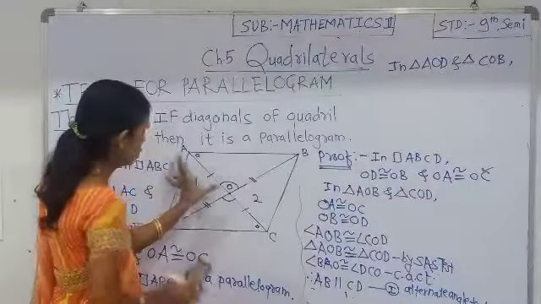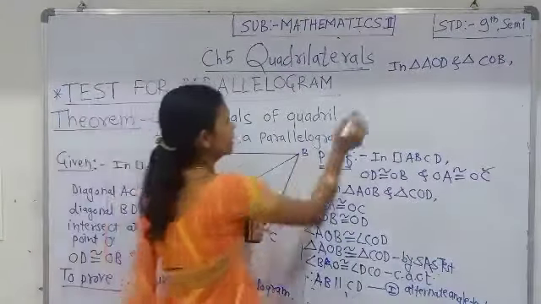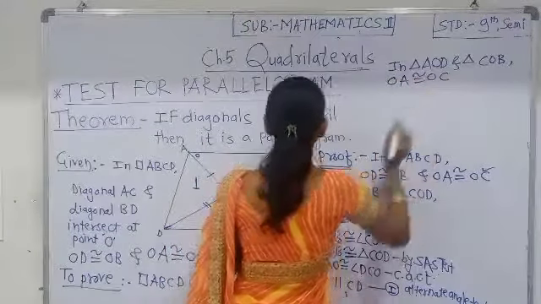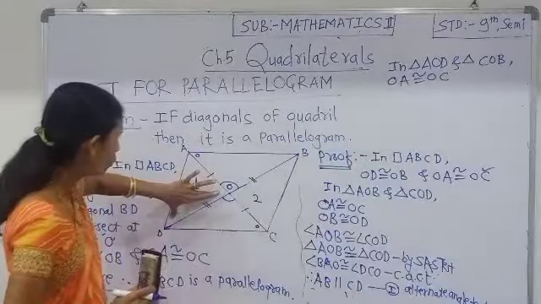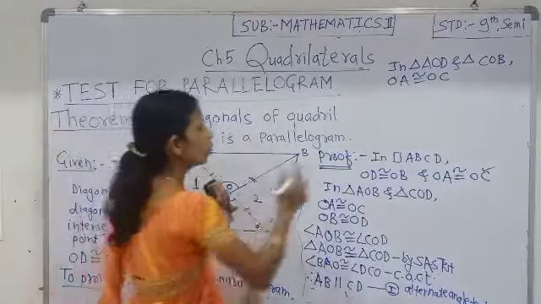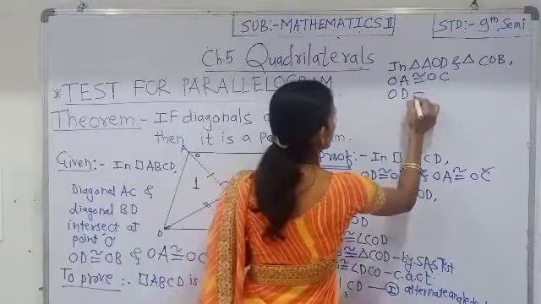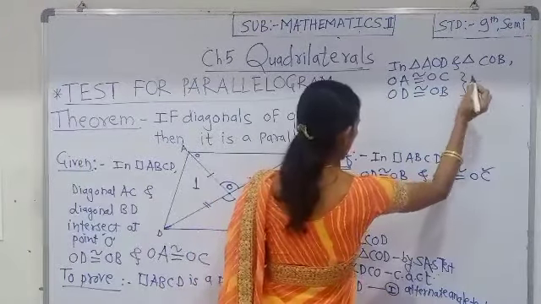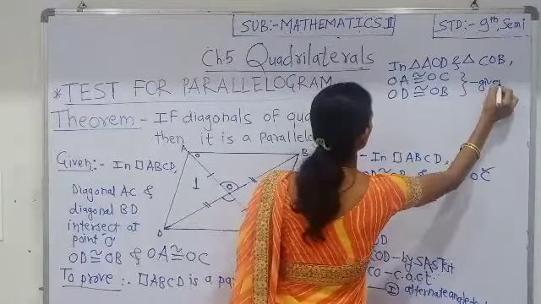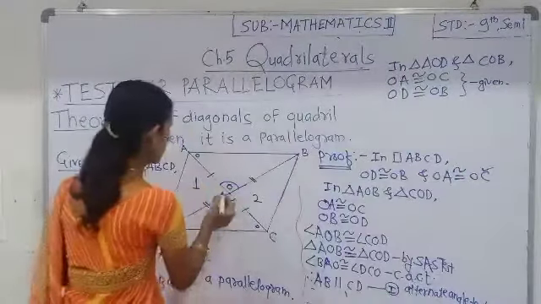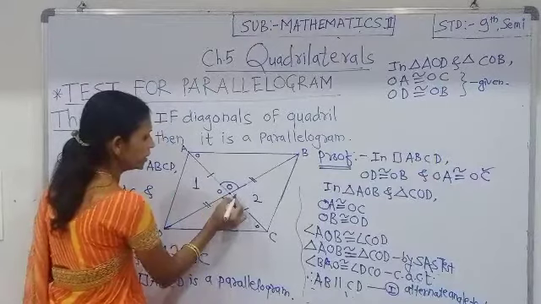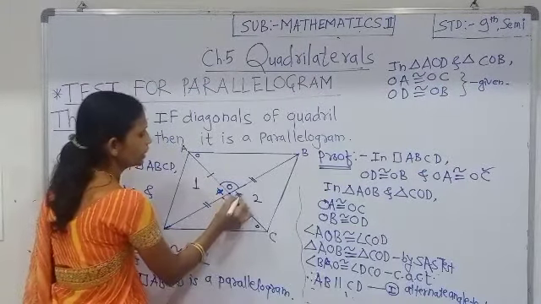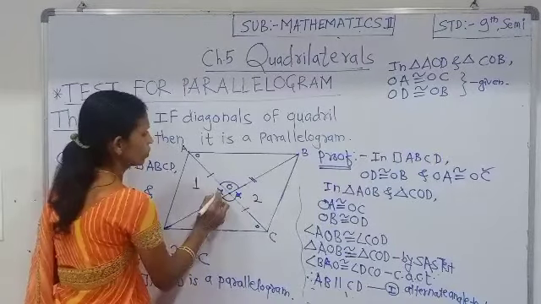In triangles AOD and COB, OA is congruent to OC and OD is congruent to OB, because of the given property. These angles are vertically opposite angles, which are congruent.